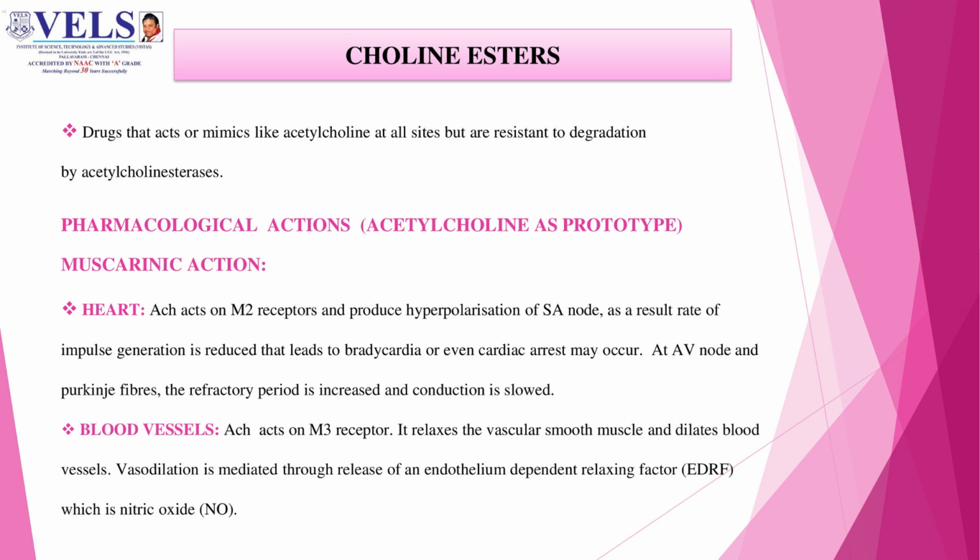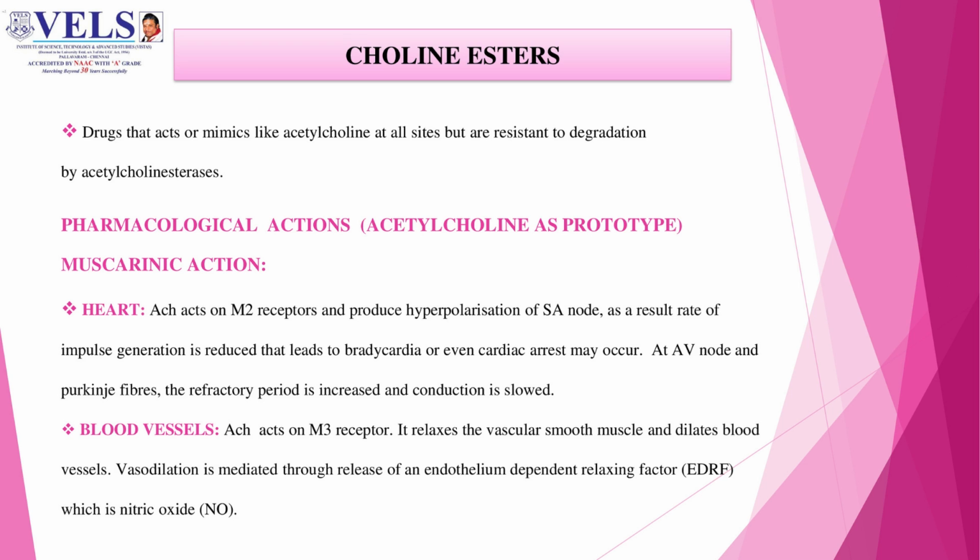First is the muscarinic action, particularly on the heart. Acetylcholine acts on the M2 receptors and produces hyperpolarization of the SA node. As a result, the rate of impulse generation is reduced, which leads to bradycardia and sometimes even cardiac arrest may occur. At the AV node and Purkinje fibers, the refractory period is increased and conduction is slowed.